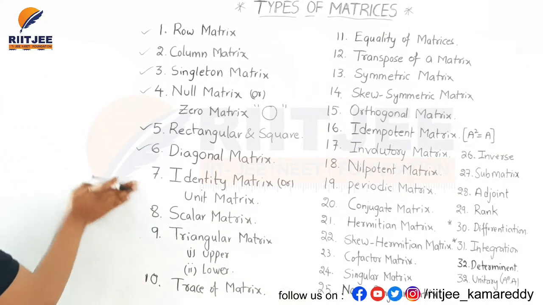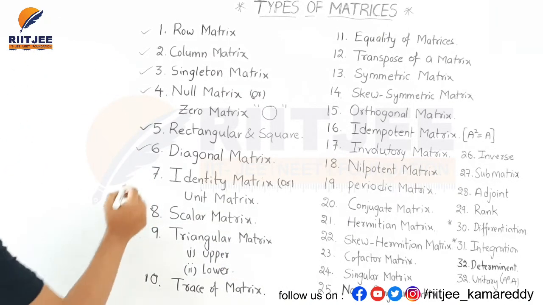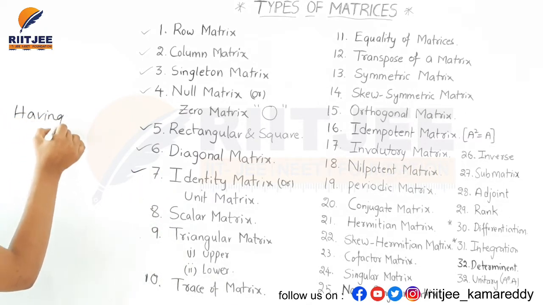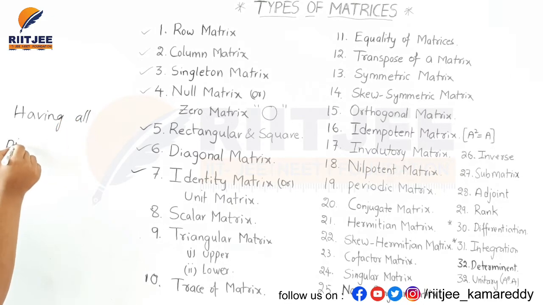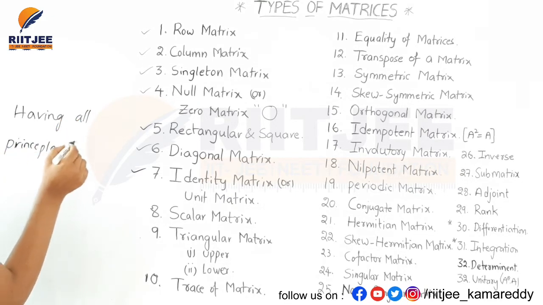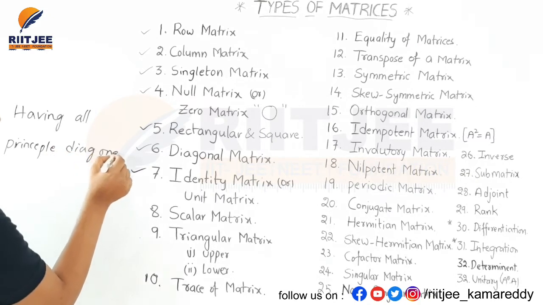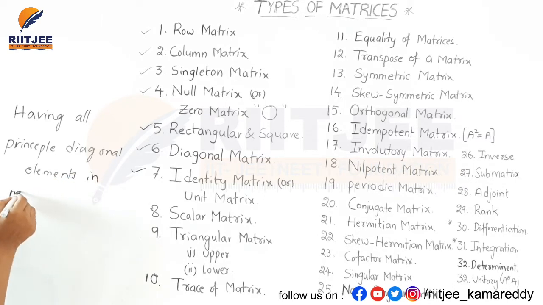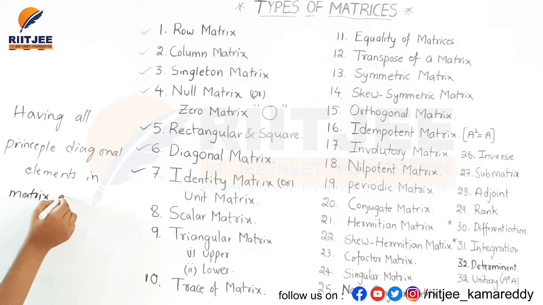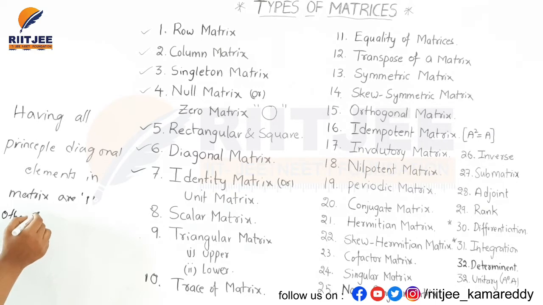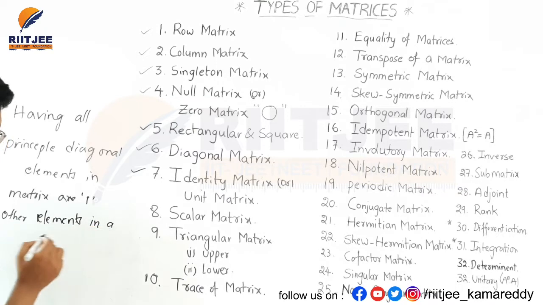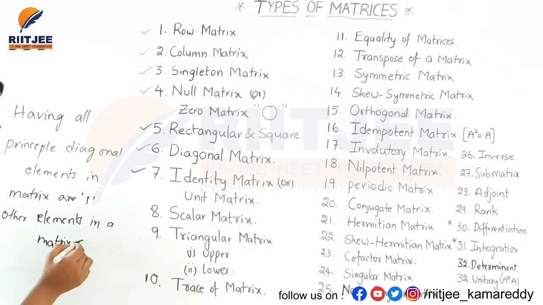Now the next topic is the identity matrix here. What is meant by an identity matrix? Having all the principal diagonal elements in a matrix as 1, and other elements in the matrix as zeros.